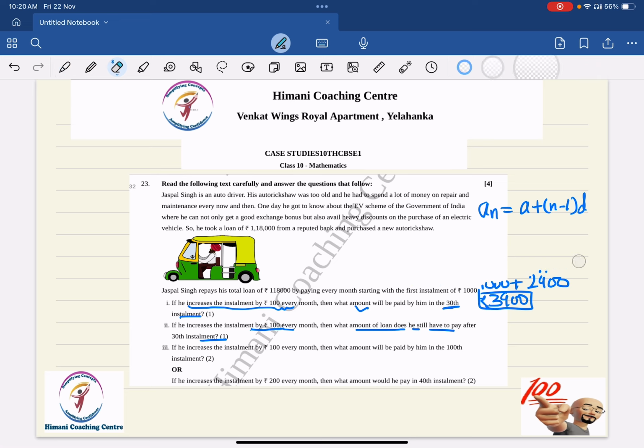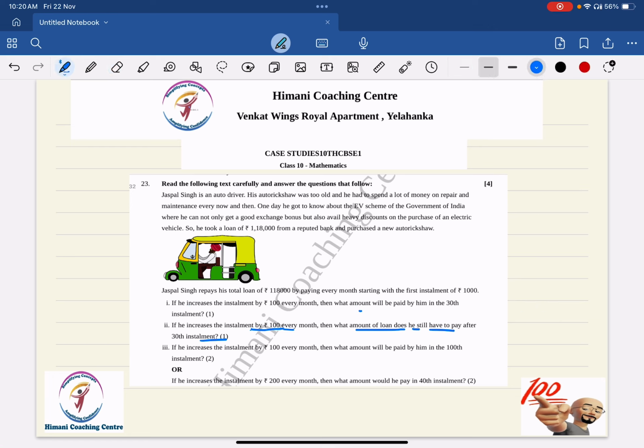If we know the sum of the amount he has paid through installments in 30 installments, then we would be able to figure out what is the loan amount pending. Which formula are we going to use? Sn equals n by 2 times (2a plus (n minus 1)d), where n is the number, so n here is 30, so let us put these values.